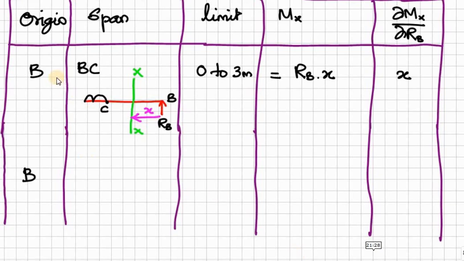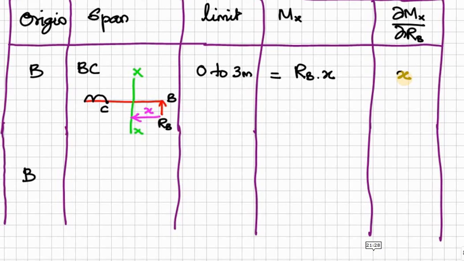That's why we assign B as origin, and the limit of the span BC is 0 to 3 meter. Therefore, consider the moment at XX section, which is RB upward, therefore positive RB into X. So if you differentiate this RB X with respect to RB, then you will get only X.